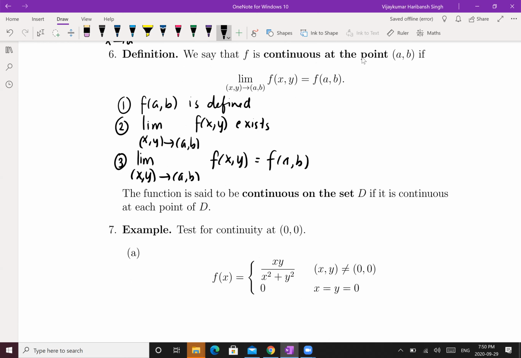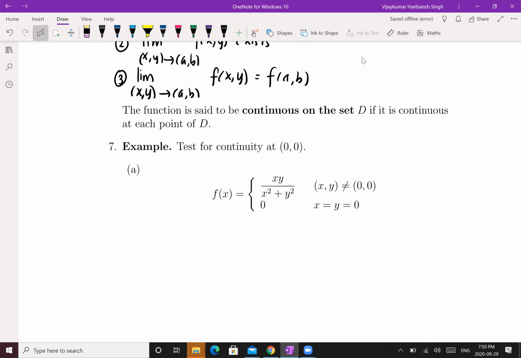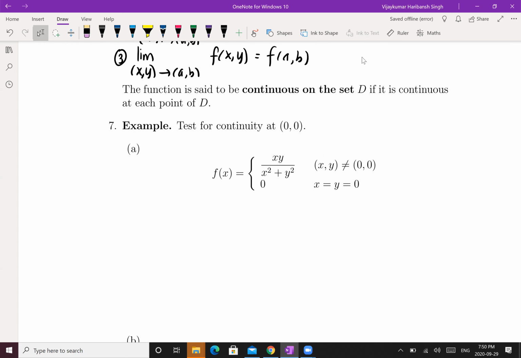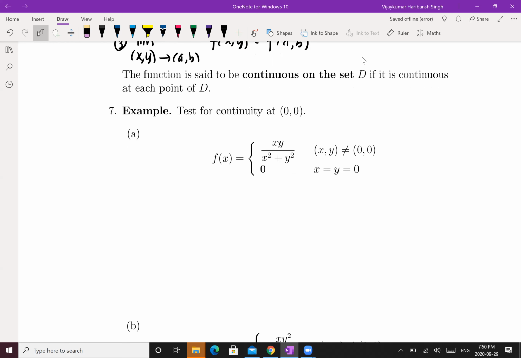So now we want to test for continuity at the following points. Let's test for continuity at (0,0). First of all, is f of (0,0) defined? So f of (0,0) is equal to 0, it is defined. The first part is okay. Does the limit exist? So let's see.